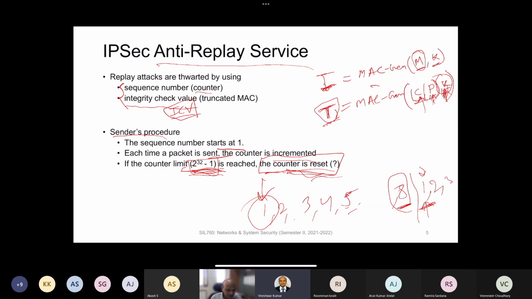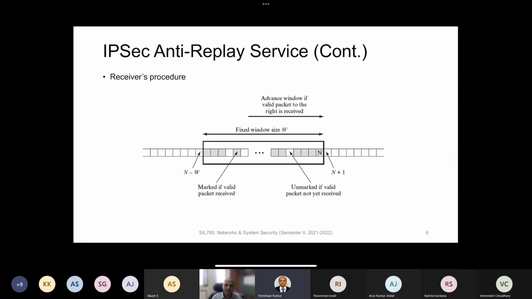Okay, so now what is the receiver's procedure? The receiver does something interesting. Of course, these packets are being communicated on the internet, and different packets will probably be routed through different ways. You know that when you try to ping, you do not get the same number all the time. So the packets may travel through different routes to reach the destination.